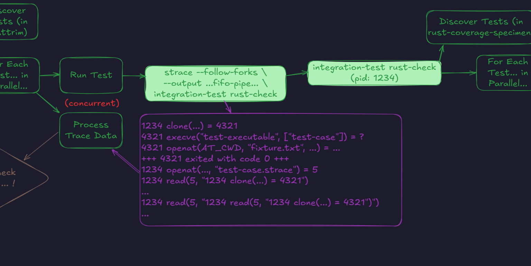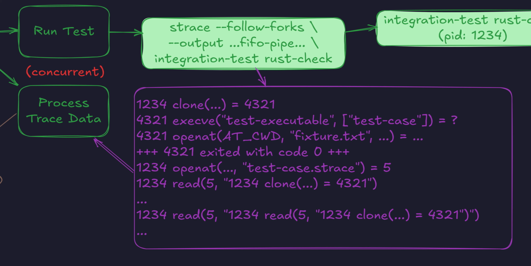Getting to a solution that met all of the criteria required one simple tweak and one complicated tweak. First, I reverted to the single output stream rather than using --output-separately. Other than timestamps, this was the only way I was going to get an ordered view of the syscalls between different processes. The simple tweak was to stream the data from strace into the parent process through a FIFO pipe, which allowed the parent process to parse and understand the data asynchronously while waiting for the subprocess to finish.